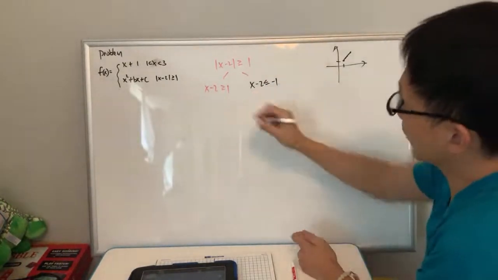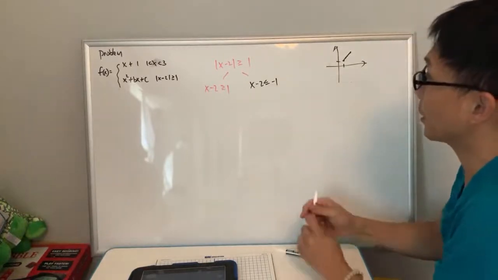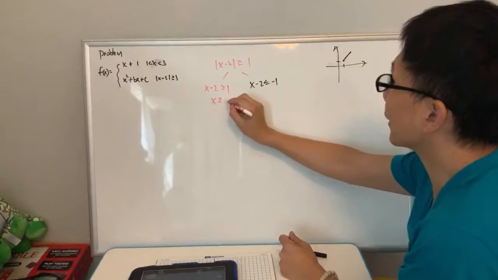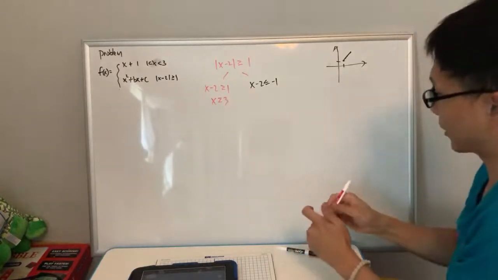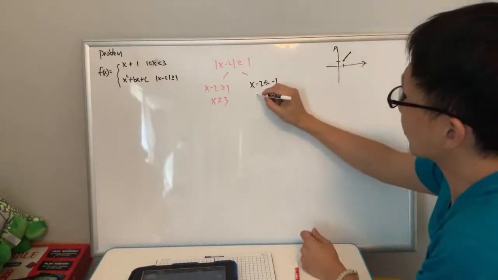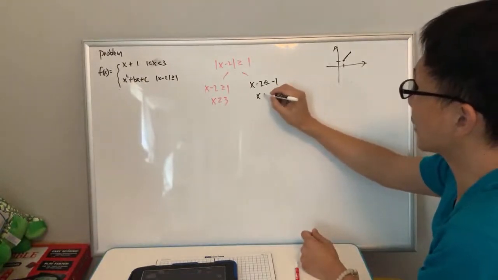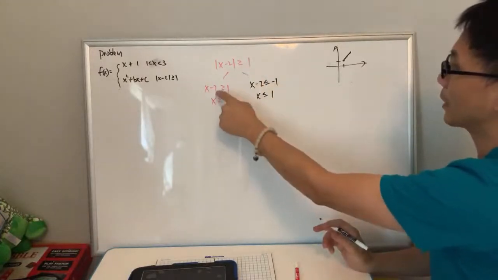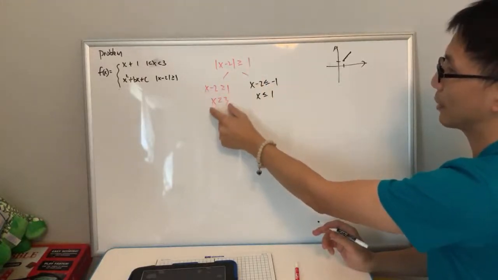So I'm going to go ahead and solve it. This part is plus 2 on both sides, so it's going to be x greater than 3. And this part is x less than negative 1, plus 2 on both sides, so it's going to be x less than 1. If you realize, on this side I just drop the absolute value and keep everything the same.